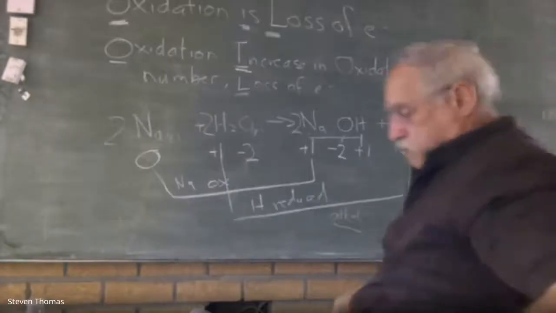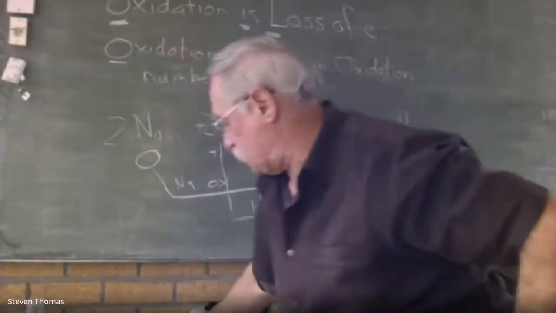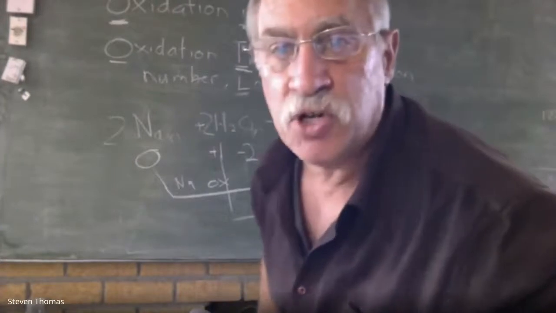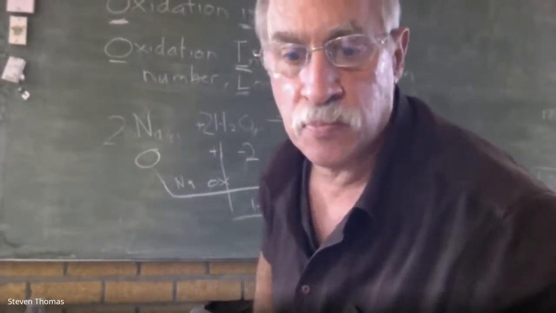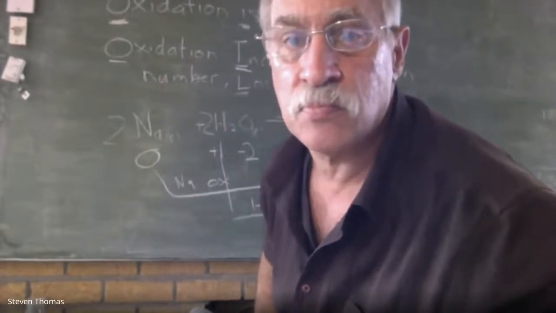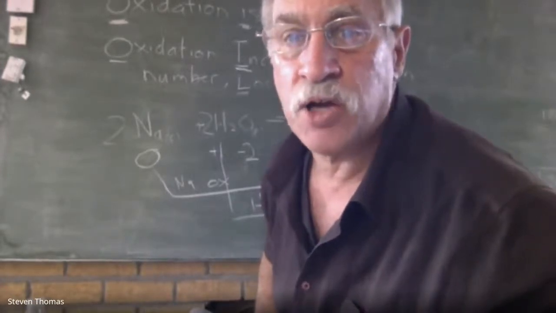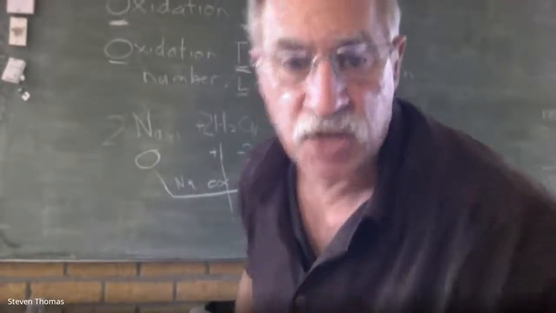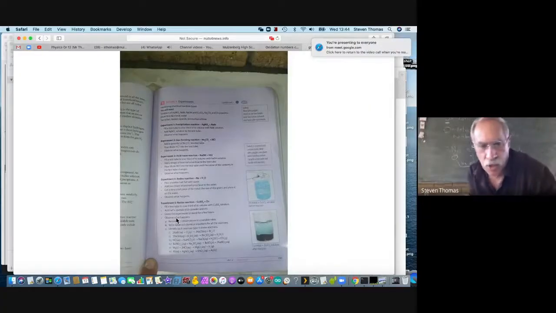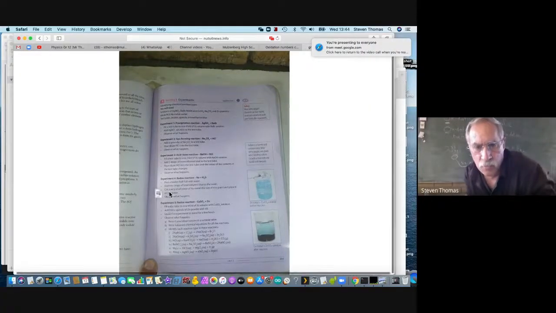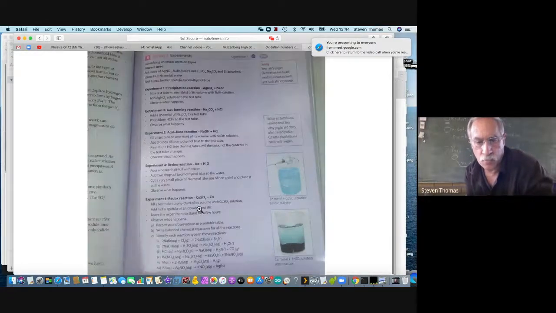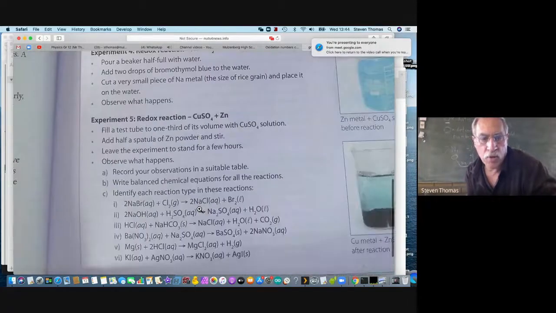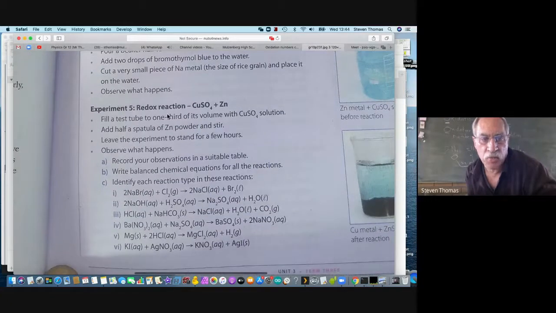Okay. I can see you guys are getting very good at this. Let's see if you can do grade 10 work. Let's go back. Okay, let's have a look at the next bit of grade 10 work. So here are some redox reactions.